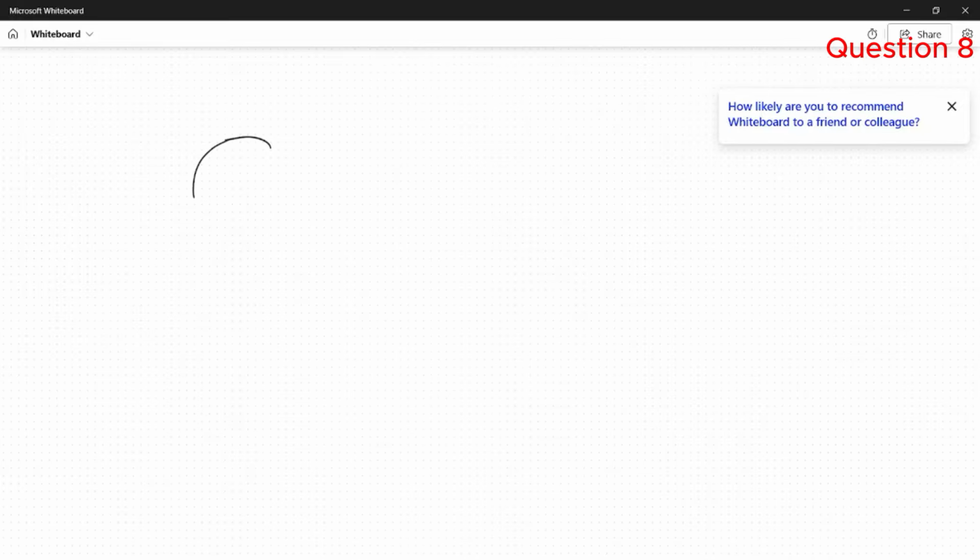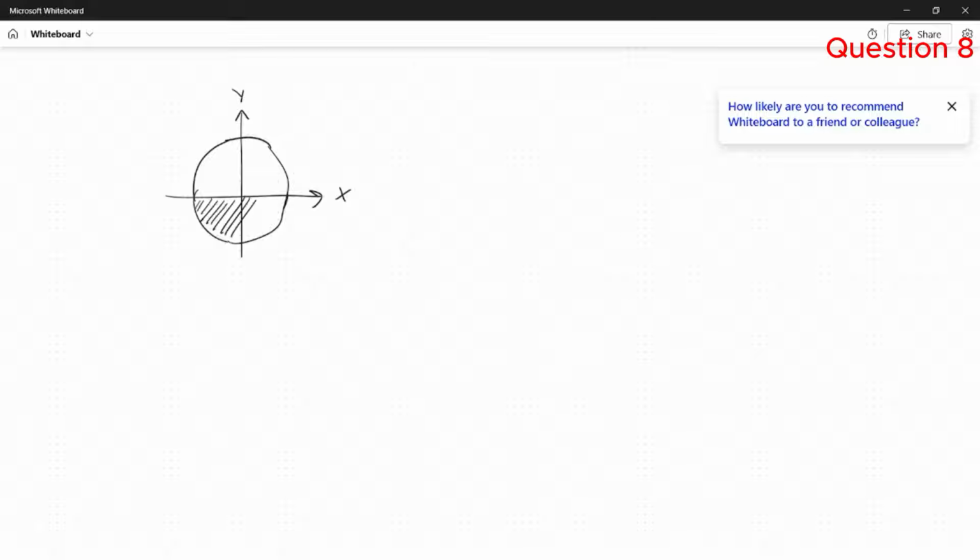So I'm going to quickly draw out our circle here. I'm going to draw out our axes, x and y. Our tank is going to be half filled with water, so this will be our water. Let's make a distinction here. When they say to the top of the tank, they do not mean this.